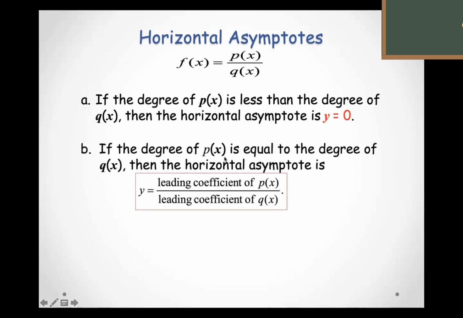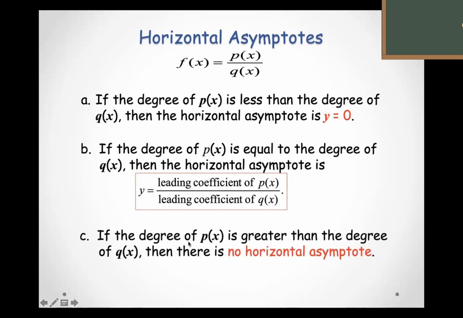If the degree of p of x is equal to the degree of q of x, so they have the same degree, for example x squared in the numerator and x squared in the denominator, then the horizontal asymptote is the ratio of the leading coefficients of p of x and q of x.